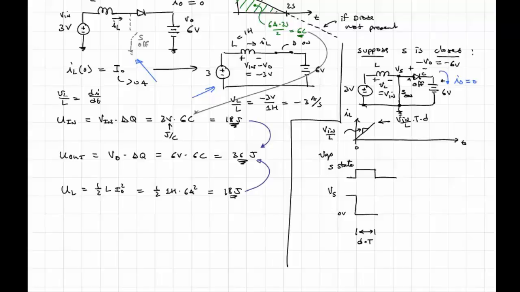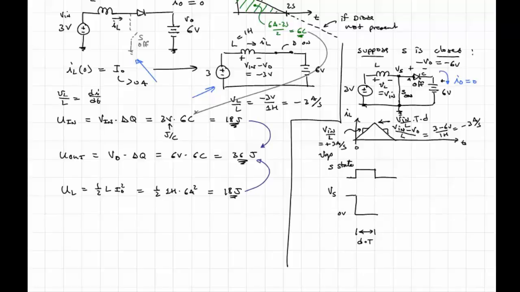And we have a voltage across the inductor that is equal to Vin minus V out. The slope that the inductor current experiences is Vin minus V out over L, and in this case it'll be 3 minus 6 over 1 Henry, so that will be equal to minus 3 amps per second. And this was equal to plus 3 amps per second. And so the current will fall back down.